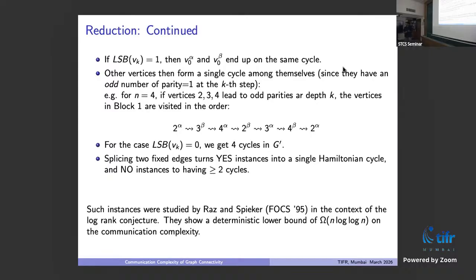Notice that these are not general connectivity instances, so the lower bound here is weaker than the more general connectivity lower bound. It holds for a more restricted set of instances. They study this in the context of the log rank conjecture.